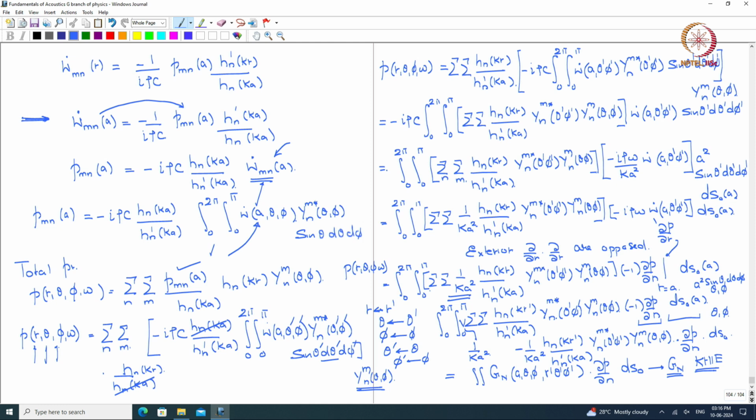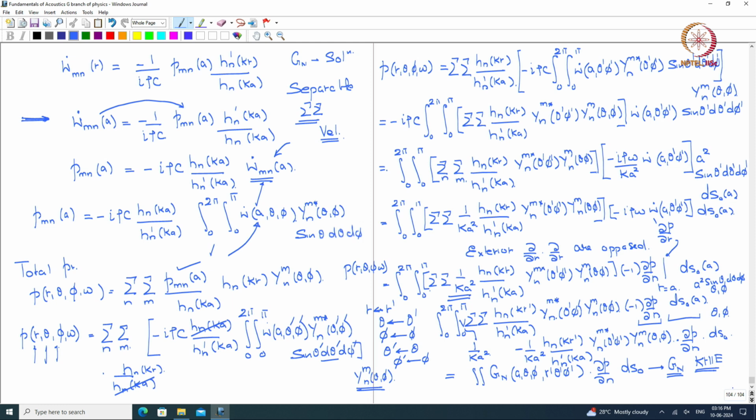So now I just wanted to show you that if you started off with the Neumann Green function and you found the solution, it's the same as using the separable variable solutions and summing them up for a problem where velocity is given, a problem where surface velocity is given on a sphere. That's what I wanted to show you.